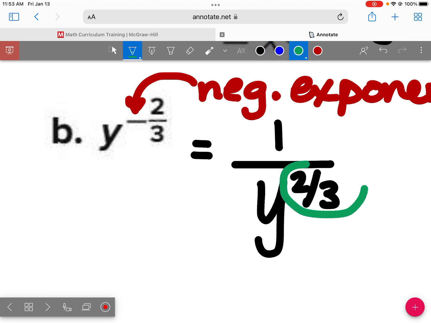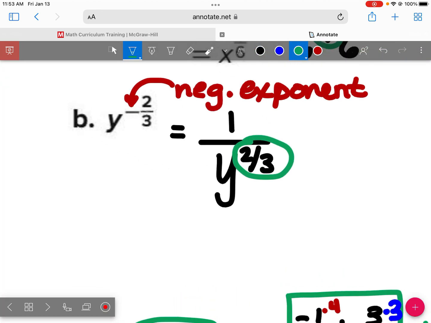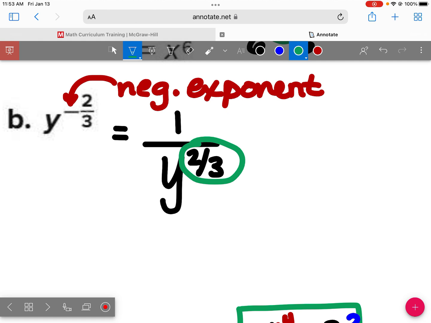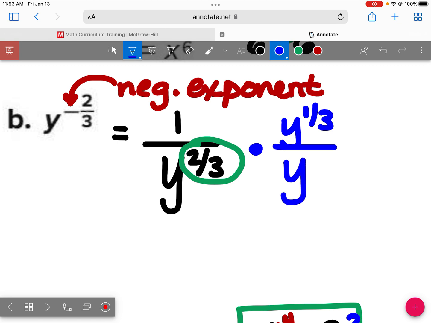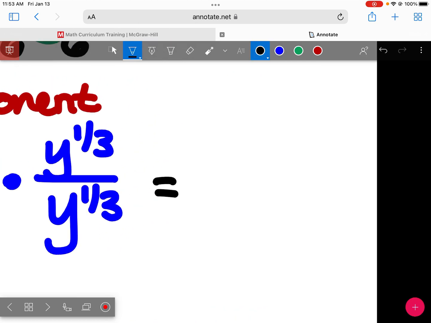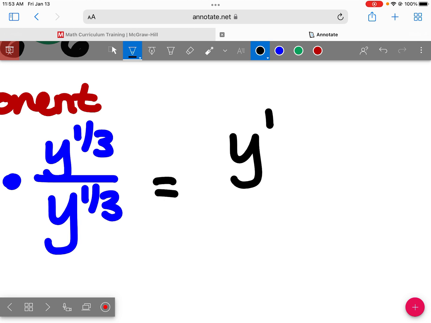What could I add to 2/3 to get a whole number? 1/3. So I am going to multiply this top and bottom by y to the 1/3. That would give me y to the 1/3 in the numerator.